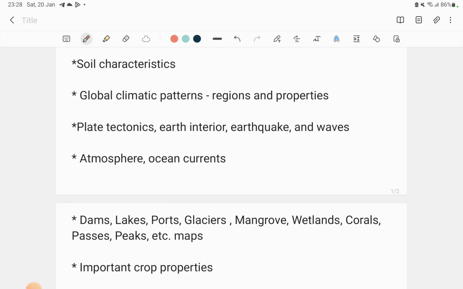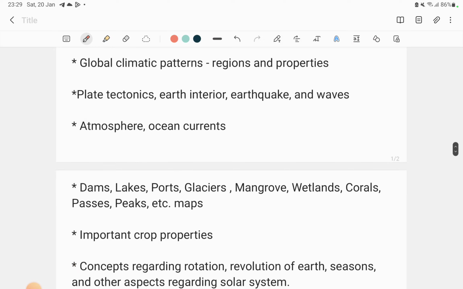Then atmosphere, especially radiation and insolation, again the different layers of the atmosphere, mesosphere, the ozone layer, temperature inversion. All these aspects of the atmosphere you can cover from the 11th physical geography book, I would say. But you should have a basic understanding of atmospheric composition, and there are questions asked on this.